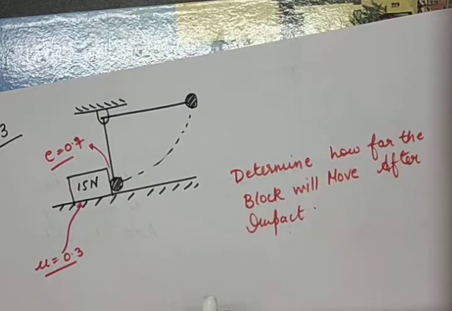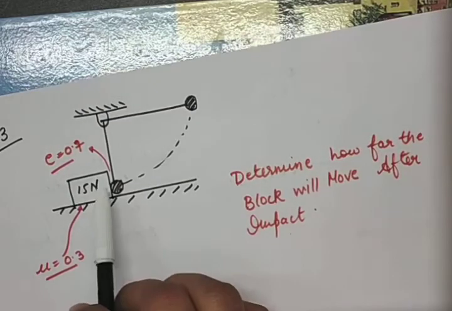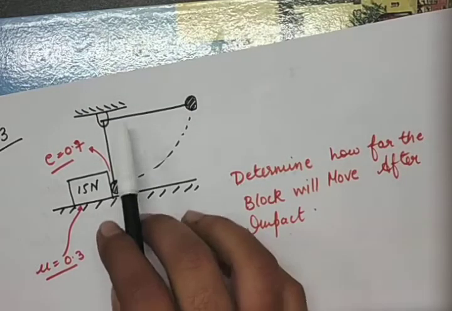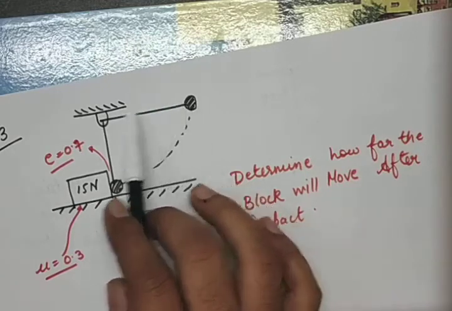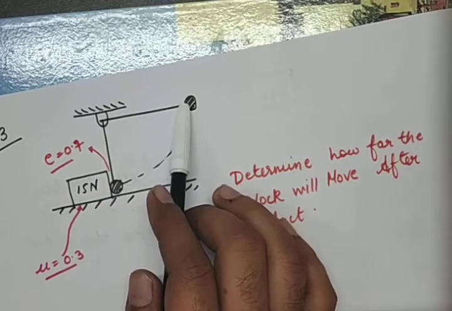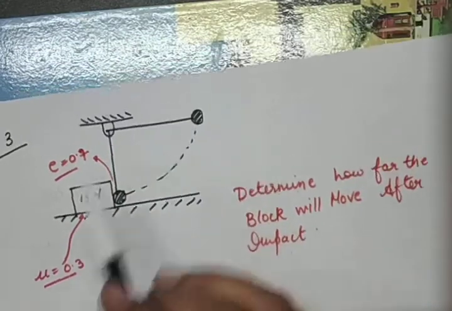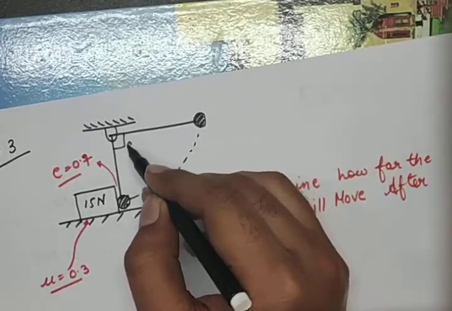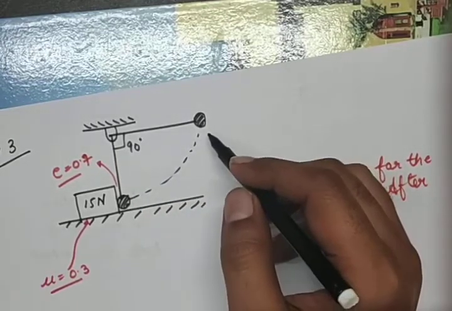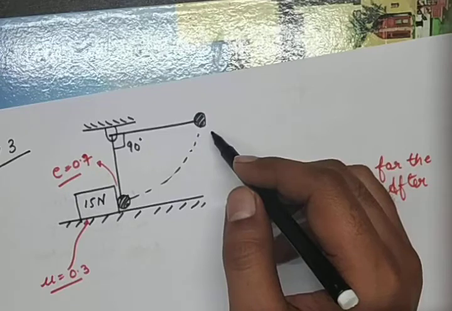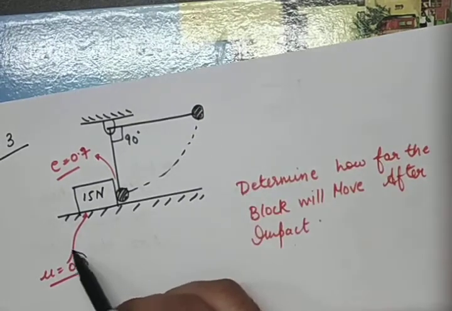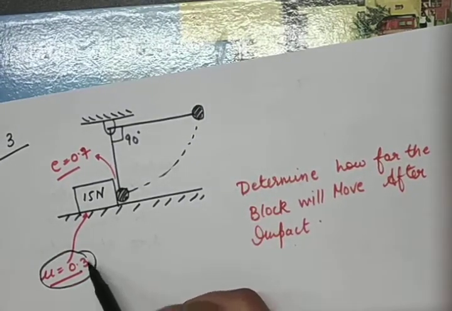This is a block of 15 Newton weight. There is a rod of negligible mass, and this angle is 90 degrees. The coefficient of friction is 0.3.